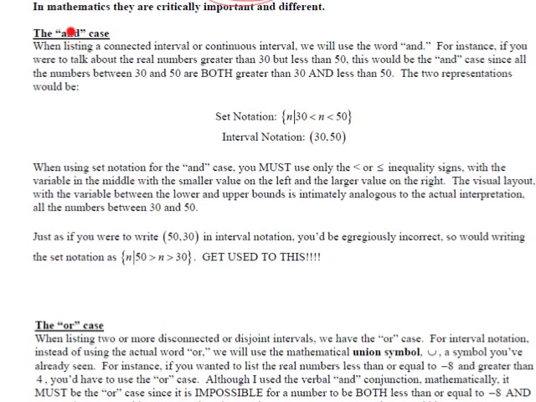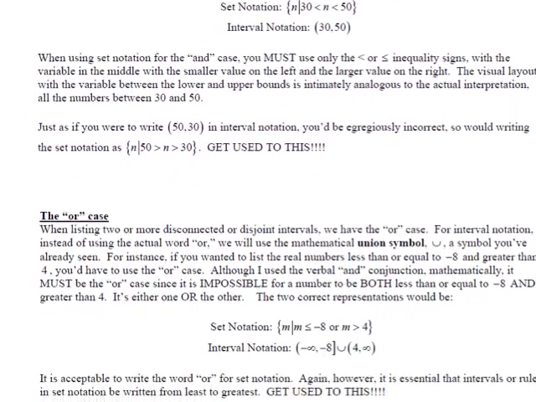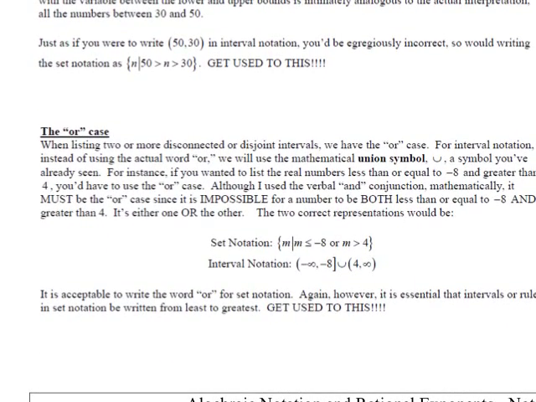An and statement is going to create a single interval, whereas an or statement would create two different intervals. The value m is either less than or equal to 8, or it's greater than 4. So an or statement will create two sets, and an and statement creates one set.